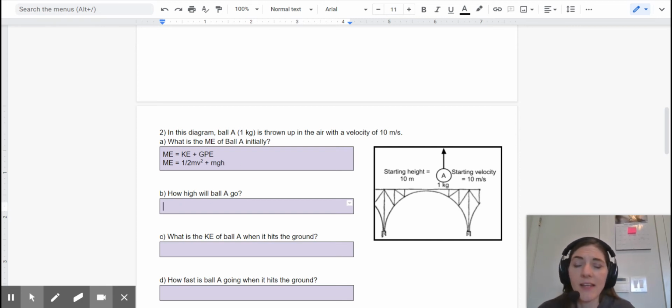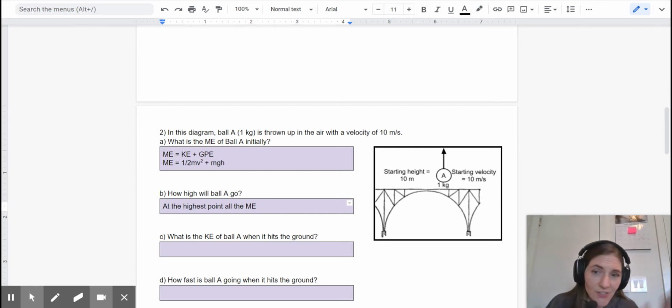Now, how high will ball A go? Okay. To find how high ball A is going to go, at its highest point, just like our other one, all the mechanical energy, or all the energy, because mechanical energy is the sum of both, is GPE.